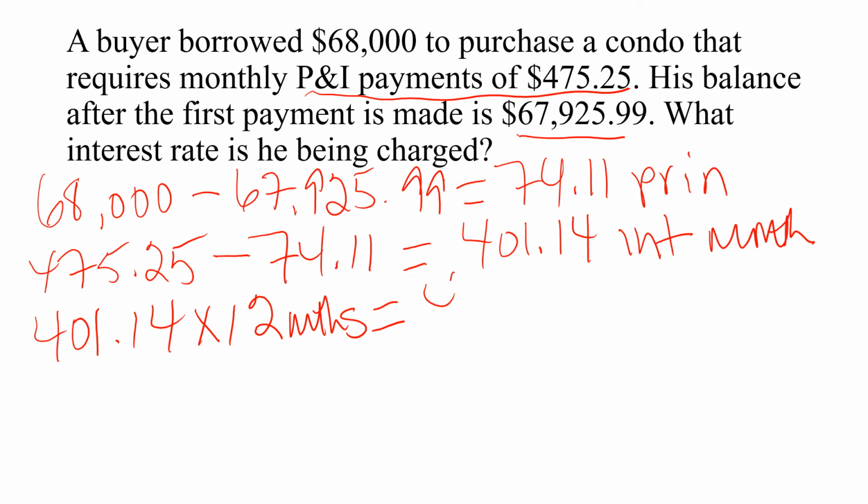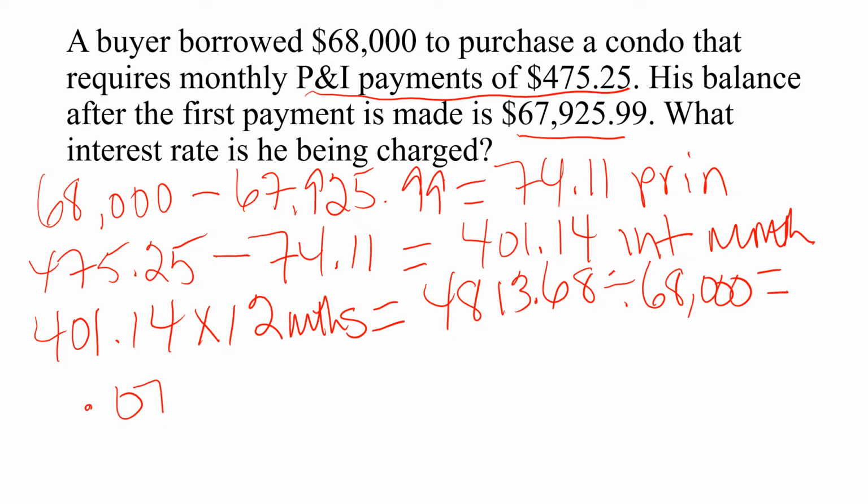That gives me 4,813.68 divided by my loan amount of $68,000 equals 0.0707, times 100 to get my percentage equals 7%.